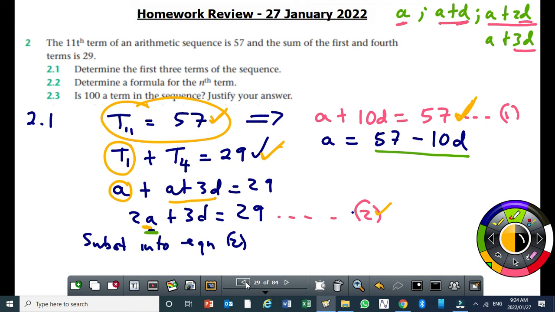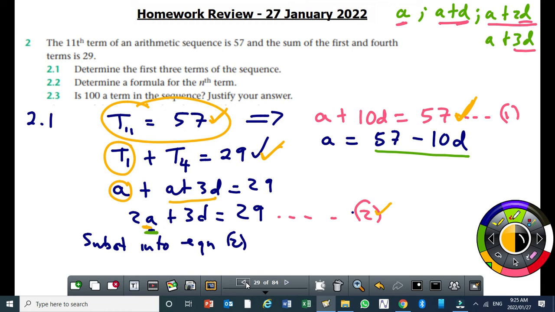You know that T1 is equal to A, T4 is equal to A plus 3D. You add the two, you get 29, you simplify, you come to this equation. Then you solve the two equations simultaneously. Solving simultaneous equations is a very important concept, but it's not taught in matric, it's taught in the lower grades.